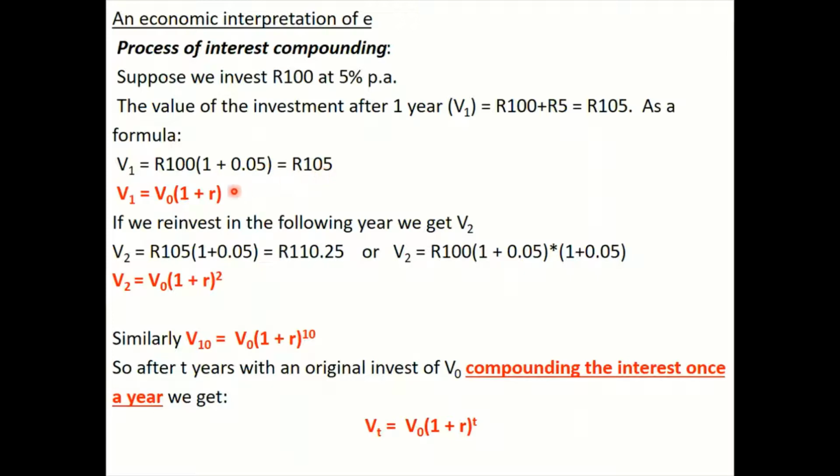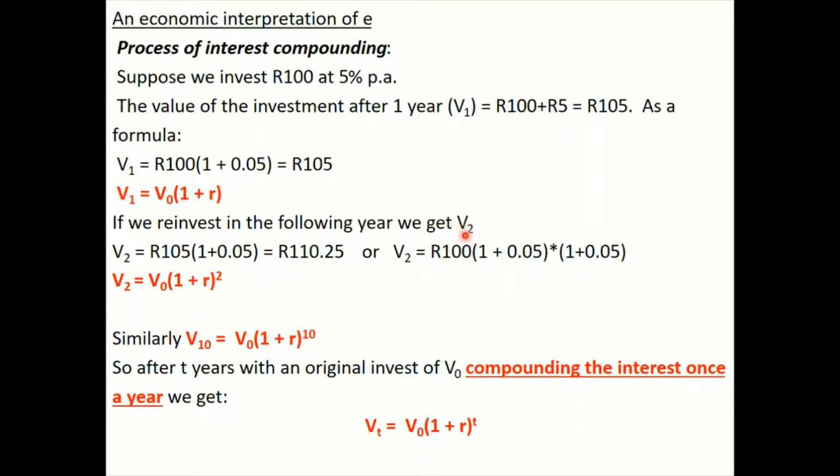Stated in a more general way, the value of the investment after 1 year is the value of the initial investment in period 0, at the start of the period, multiplied by 1 plus R, R being the interest rate.